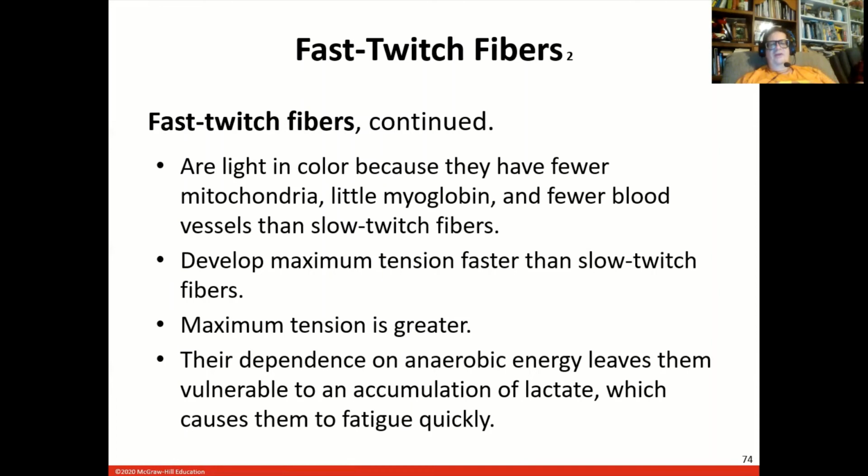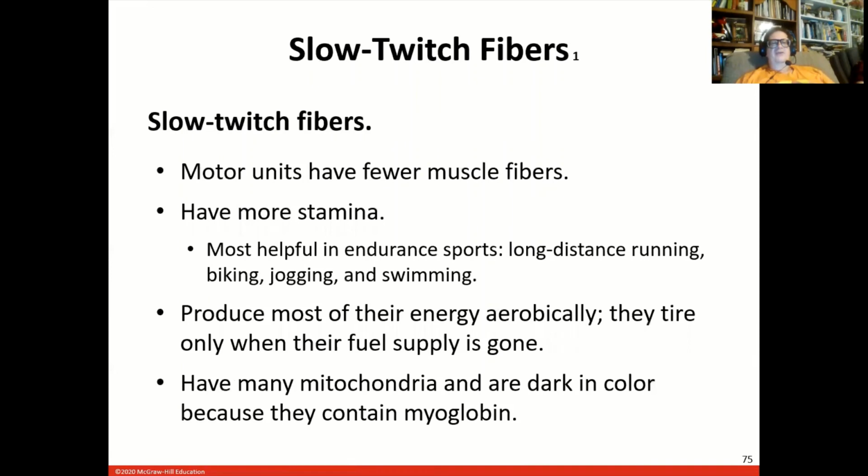Because they depend on anaerobic means, they're going to tire quickly, and you're going to build up painful lactic acid when it happens. Now, slow twitch fibers, they're in motor units that are smaller, fewer muscle fibers, more stamina. You can keep going longer because you're depending on oxygen.